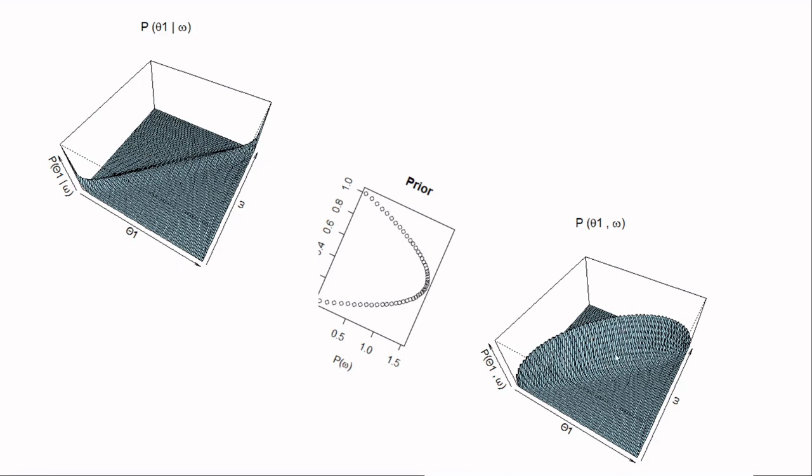So again, this is not a conditional probability anymore, but a joint probability, or joint probability density. So for both a value of theta 1 being high and omega being small, we expect a small value.